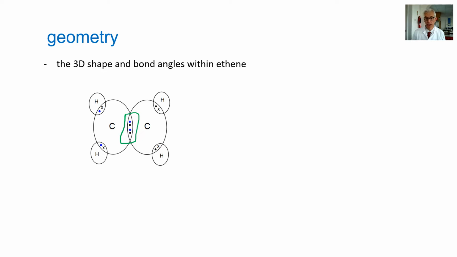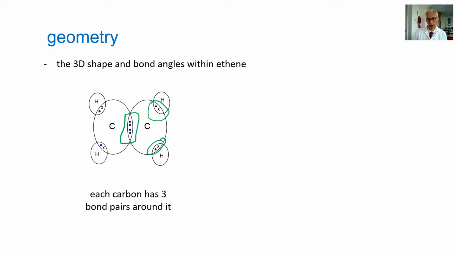So we're going to treat it as having the same repulsive effect as a single pair of electrons, and then we have 2 other pairs of the carbon-hydrogen bonds. So effectively, around each carbon there are 3 bond pairs. Now, could you decide on the shape and bond angle?